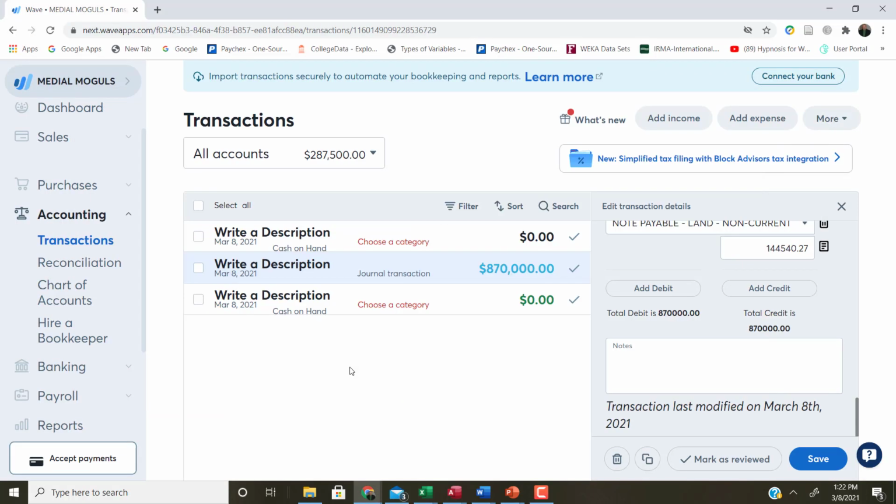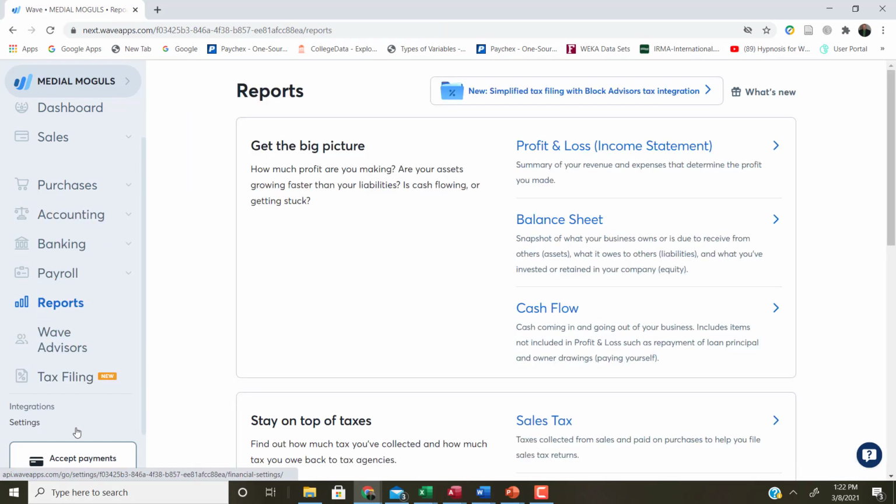Quite simple. Okay, now let's take a look at reports in this case, and you're going to have reports on your side as well. Here they have 3 different reports that they're giving you: cash flow, balance sheet, and profit and loss. Well, you haven't recorded any entries yet, so you don't have any profit and loss. All you have is a balance sheet.